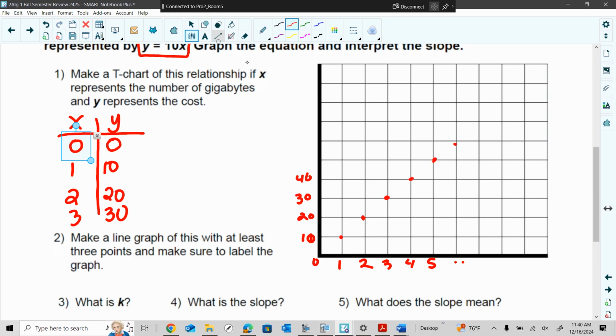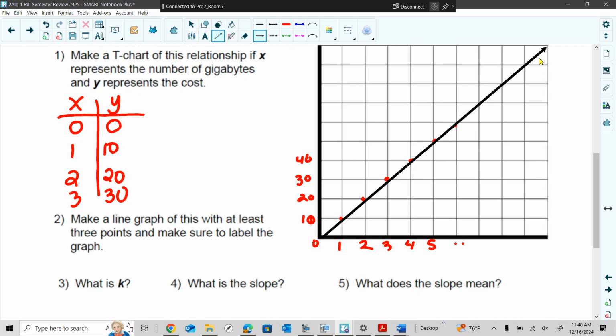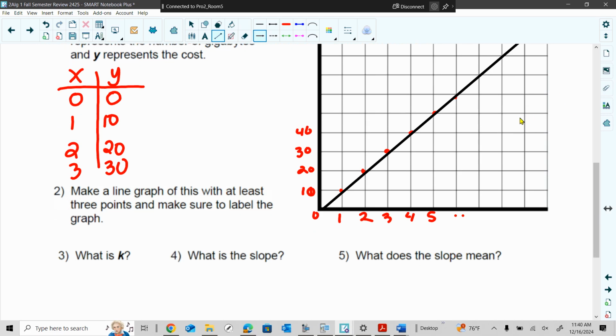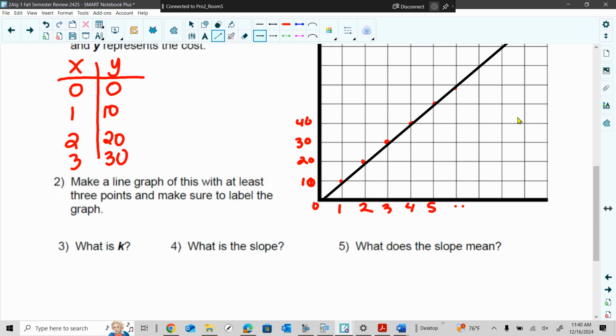We would draw, I'm just going to use my app here, a line through that origin, through those points. And then they just want you to answer questions based on our equation and our graph. For example, make the line with at least 3 points, so we already did that. What is k? Well, since our equation is y equals 10x, k is the 10.